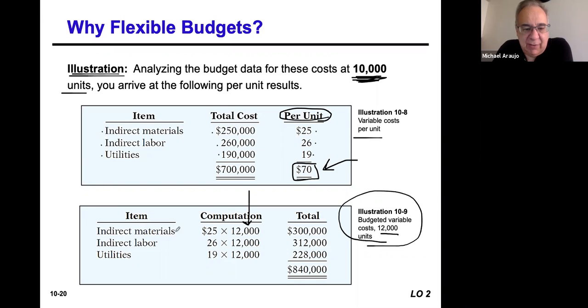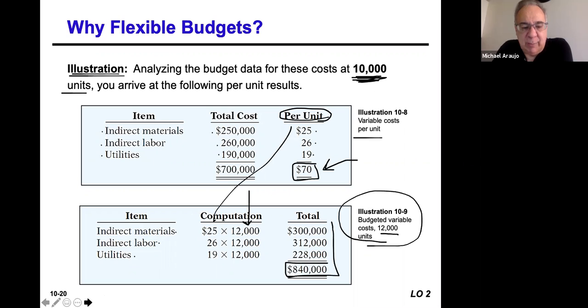So you already have the variable costs analyzed here. $25 for indirect materials times 12,000 units would have given a budget of $300,000. $26 in labor times 12,000 would have given us a $312,000 budget. And utilities would have come in at $228,000. $840,000 is the total of these three numbers.